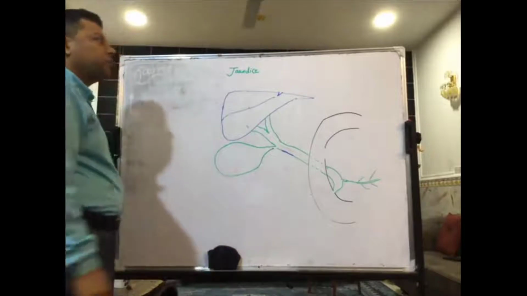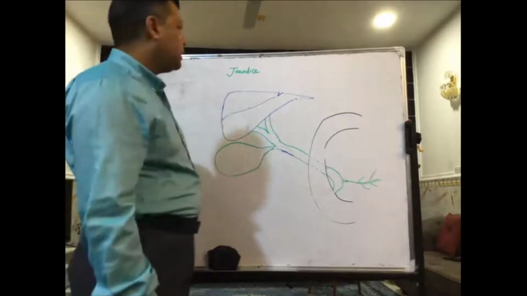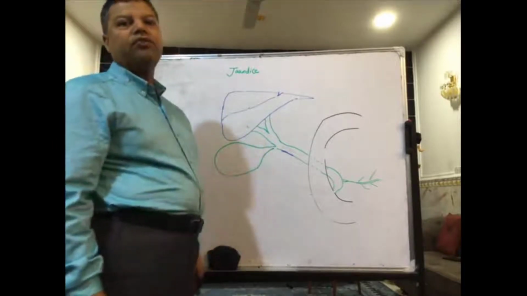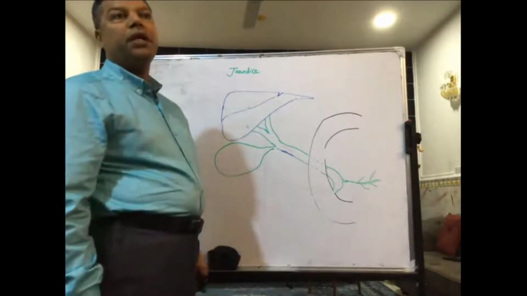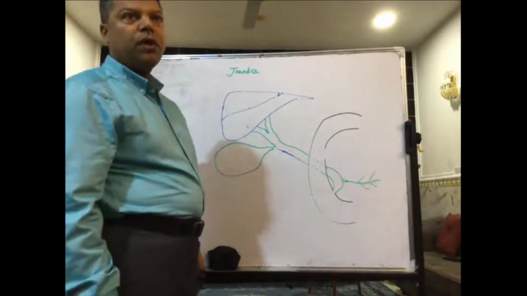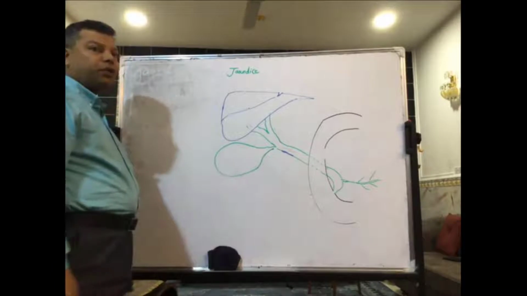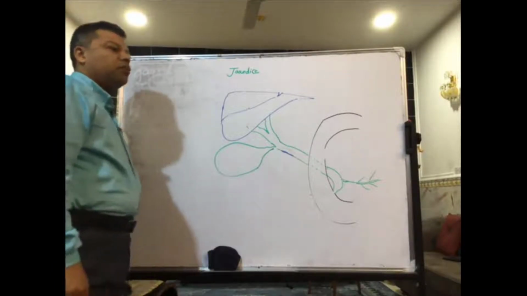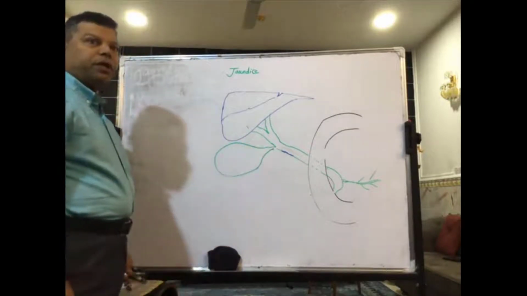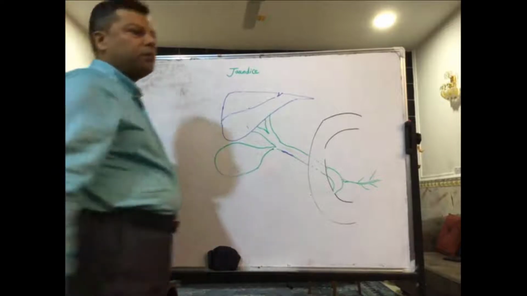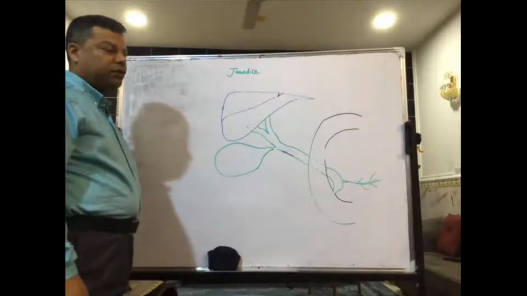Today I will talk about an important subject, jaundice, defined as a yellowish discoloration of the sclera. This part of the body is rich with elastin, fibrous tissue, and has an affinity to attract bilirubin, whose normal level is from 0.3 milligram to 1 milligram per deciliter.